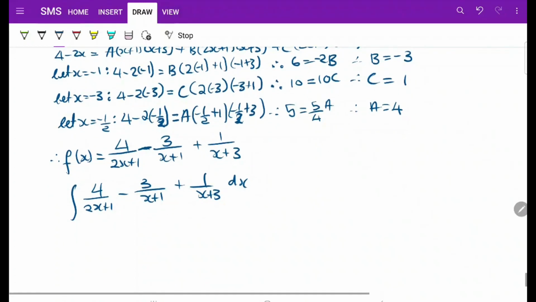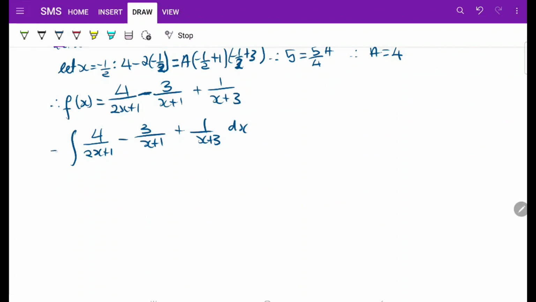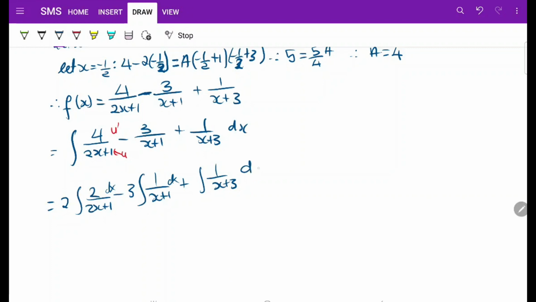So we're now integrating f, and just a reminder on how we do this again: if you look at this expression here, this is the part which is u, and we can get it to be u prime by splitting up 4. So we can split up this integral into 4 over 2x plus 1. And the next one, 3, is just a constant, so that becomes 3 over x plus 1, plus, remember that there's dx in every one of these, and lastly the last one becomes the integral of 1 over x plus 3 dx.